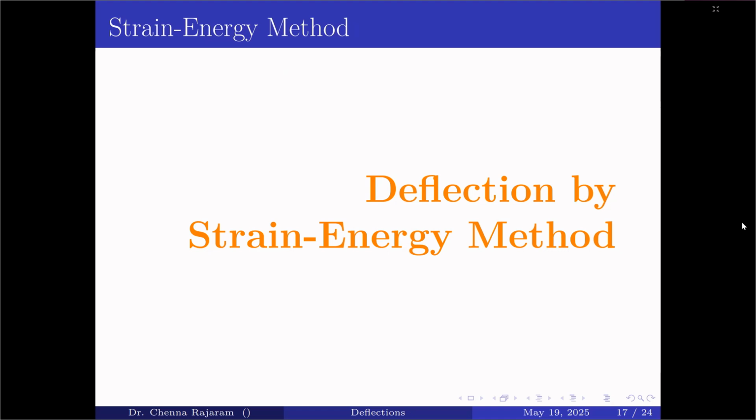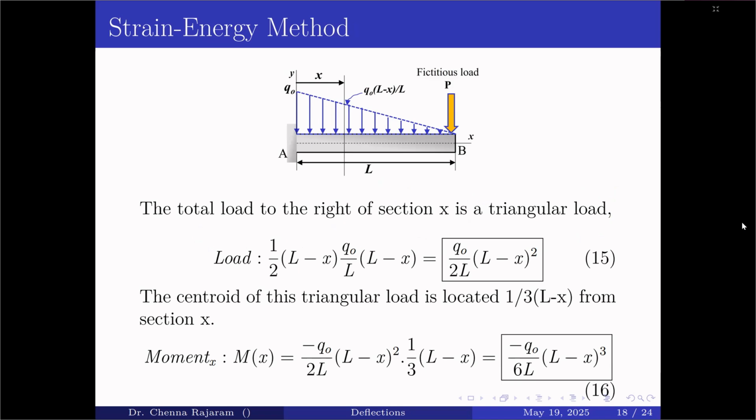Now let us discuss the deflection by the strain energy method. We have two theorems: Castigliano theorem 1 and Castigliano theorem 2. We'll discuss the Castigliano theorems while solving the problem. Wherever you are calculating the deflection, we assume a fictitious load P, as you can see in this diagram.